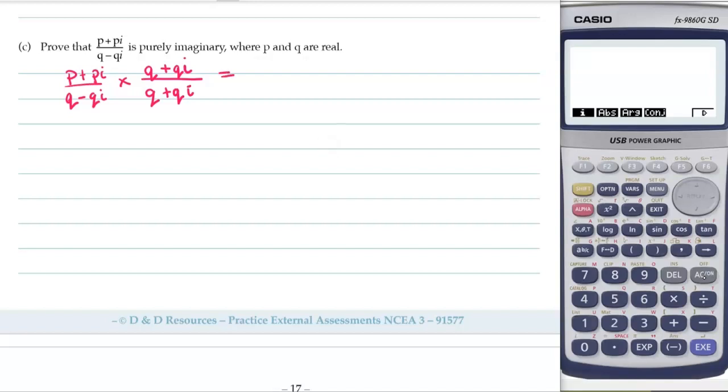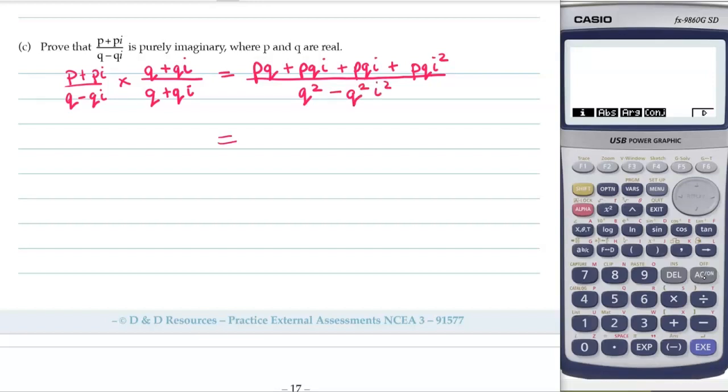Okay, now multiplying across the top, we have pq + pqi + pqi + what do we have next? pqi squared, all over q squared minus q squared i squared.